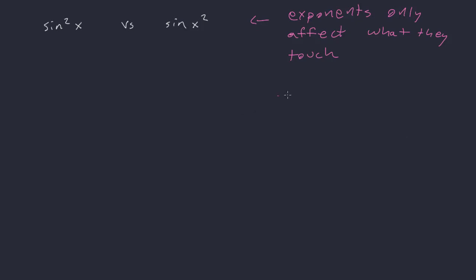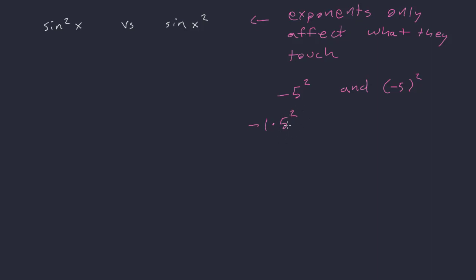So that's the difference between, say, negative 5 squared and negative 5 all squared, right? Remember, order of operations, you do the exponent before you do, say, multiplication. So in this case, what is the exponent touching? It's touching the 5. So this is negative 1 times 5 squared.